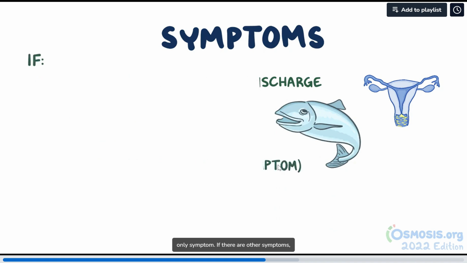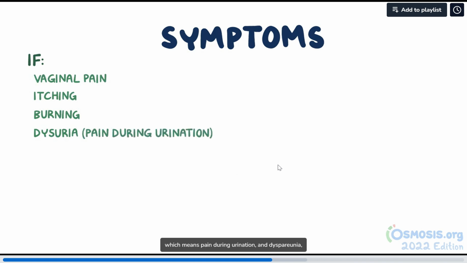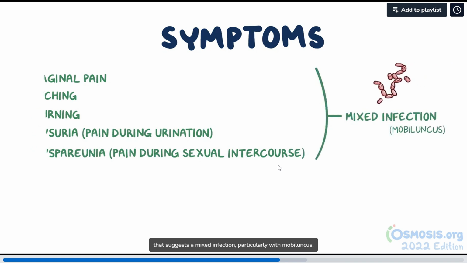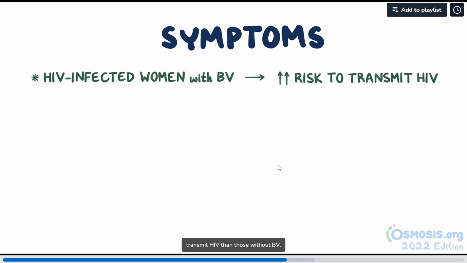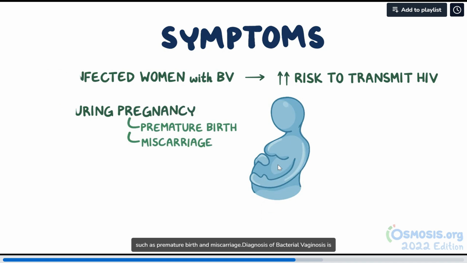If there are other symptoms, like vaginal pain, itching, burning, dysuria, which means pain during urination, and dyspareunia, which is pain during sexual intercourse, that suggests a mixed infection, particularly with Mobiluncus. Also, HIV-infected women with BV have a higher risk to transmit HIV than those without BV, and the presence of BV during pregnancy may increase complications such as premature birth and miscarriage.